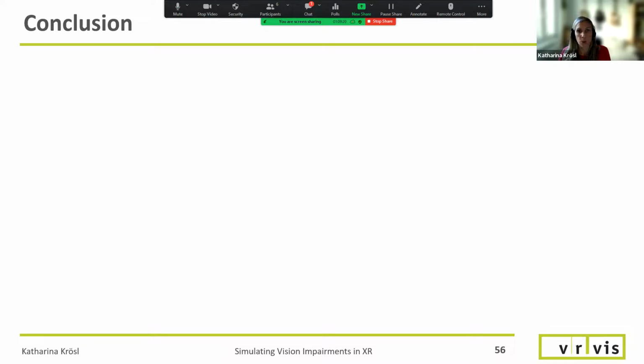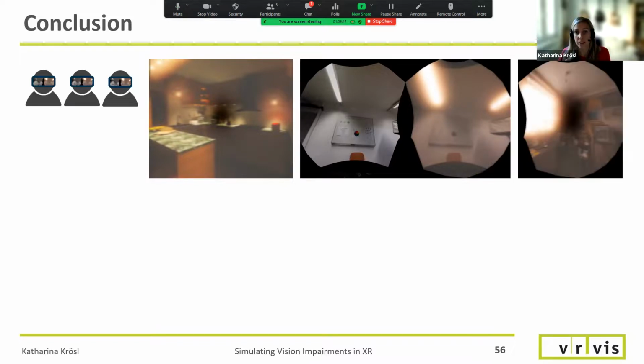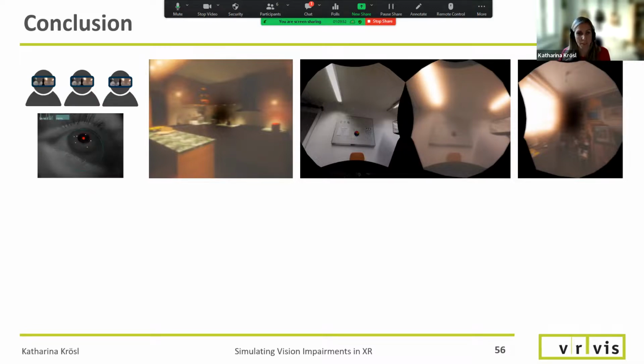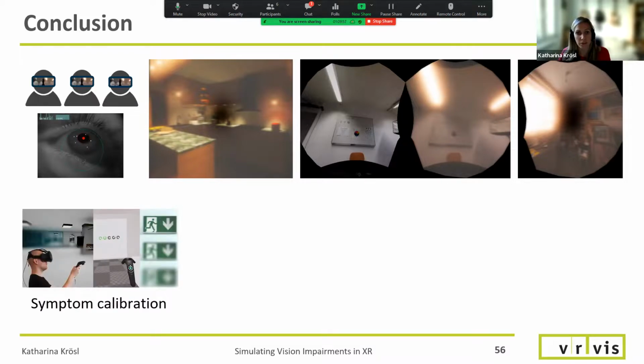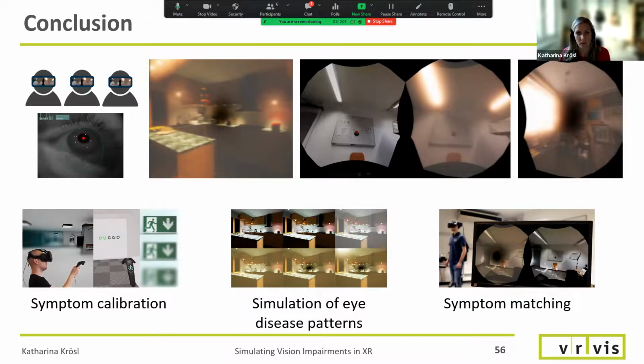So to conclude, I presented a methodology and system for conducting quantitative and qualitative user studies for visual impairments in VR, AR, or when viewing 360 images using eye tracking for gaze-dependent effects. Our methodology describes how to calibrate individual symptoms, combine them to simulate eye disease patterns, and adjust them with patients using our symptom matching approach.